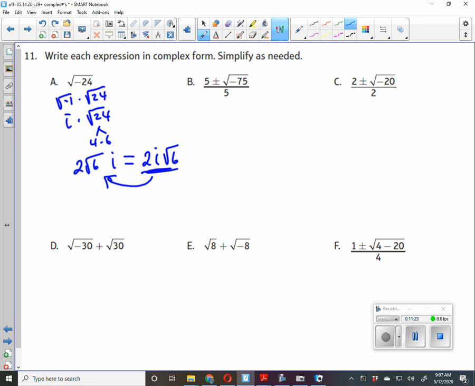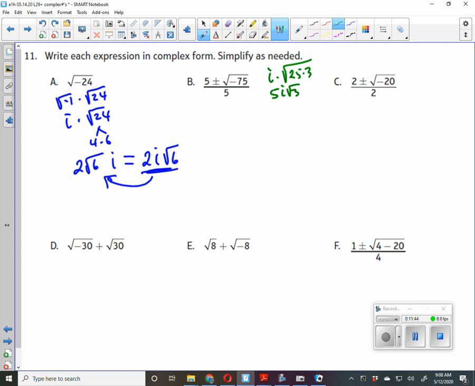We're asking you to simplify these things. Part B, again, you're dealing with the 75. So off to the side, you might consider going, well, I know that's going to be I times the square root of 25 times 3, or 5I root 3.